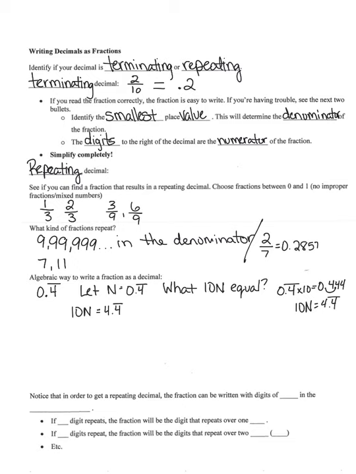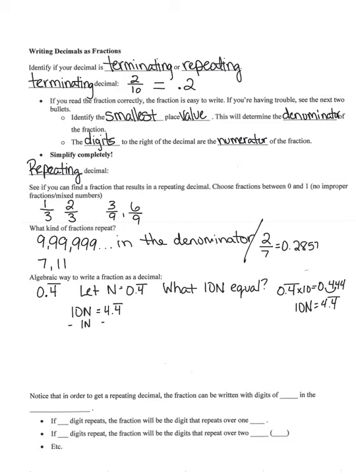Well, what I'm going to do is solve for n, and n is going to be the fraction that 0.4 repeating represents. So just like a one-step equation, 10n equals 4.4 repeating, I'm going to solve for n. But the first thing I'm going to do is take away n. So take away 1n, and we know that 1n is 0.4 repeating.